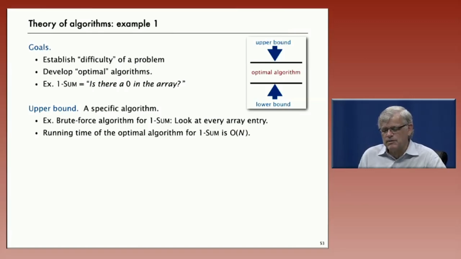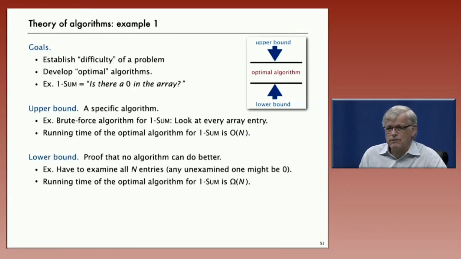For example, the brute force algorithm that looks at every array entry takes O of n time. It's less than a constant times n for some constant. So the running time of the optimal algorithm has to be O of n. That is, that specific algorithm provides an upper bound on the running time of the optimal algorithm.